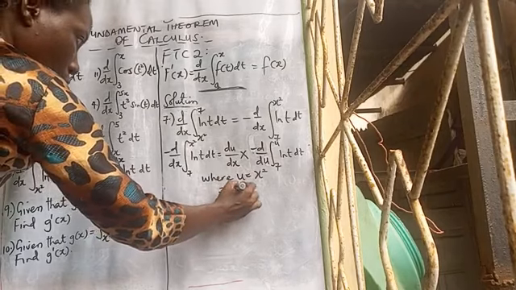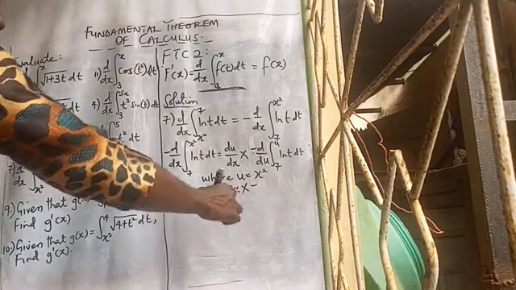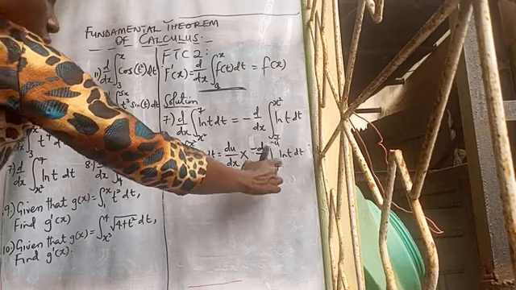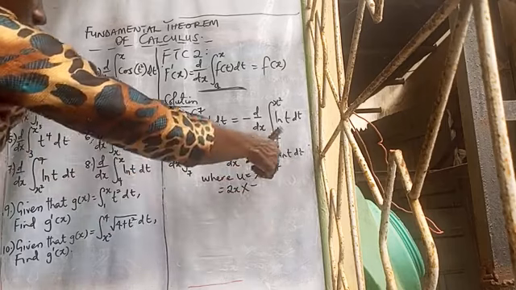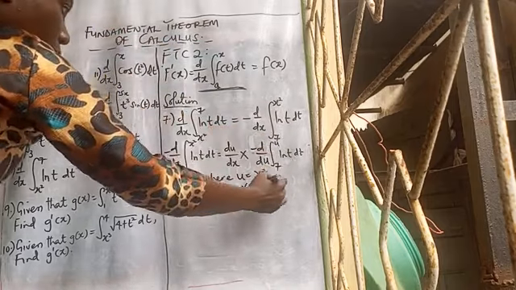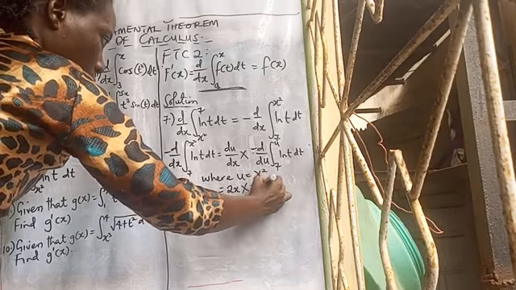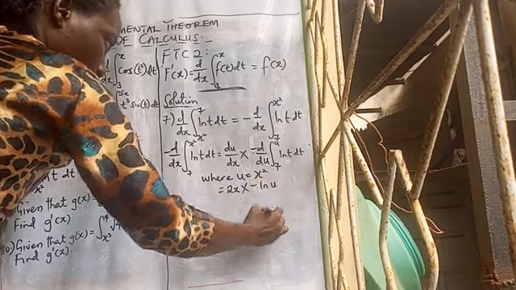This is equal to 2x times minus d du of the integral of ln t. Our f of t is ln t. So our f of u now will be what? Minus ln u.